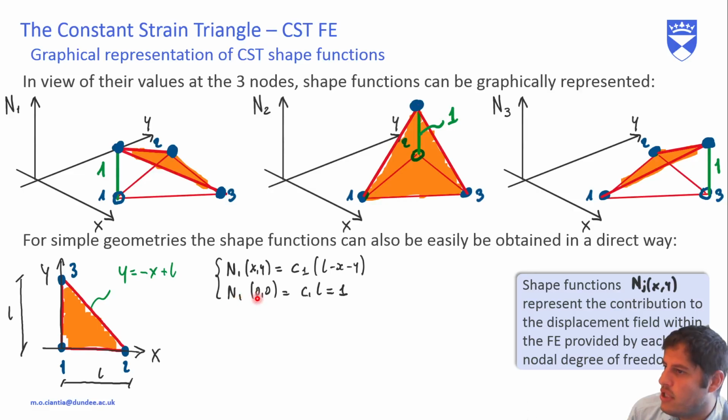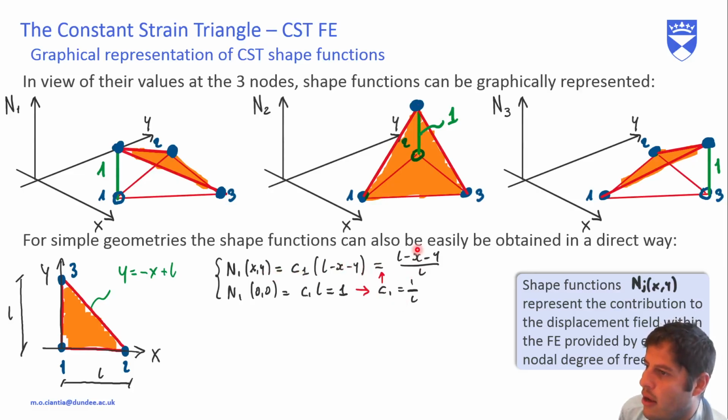So N1 in position 0, 0, I substitute 0, 0 here, and I get that it's equal to c1 times L, which should be equal to 1, because N1 at this point is 1. I calculate c1 as 1 over L, and if I substitute this into the generic equation up here, I get that the shape function N1 will look like this: L minus x minus y over L.